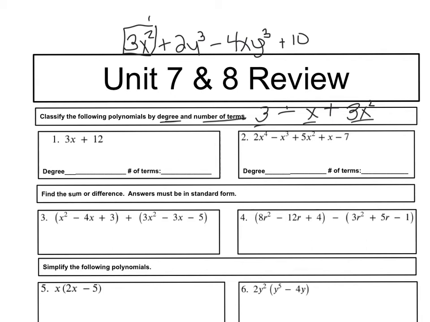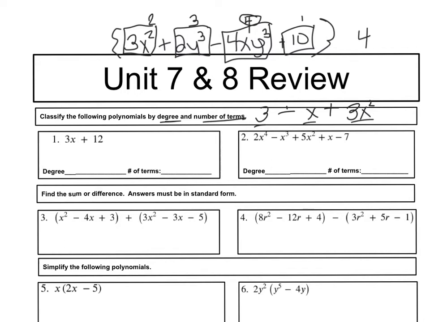So this one, the degree is 2. This one, the degree is 3. And this one, the degree is 4. This is degree 1. So the degree for this expression would be your highest degree, which is 4. Okay?